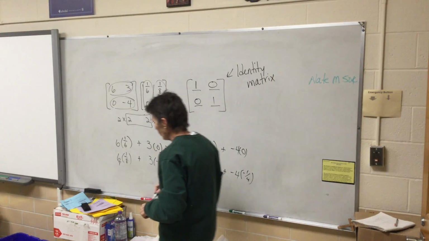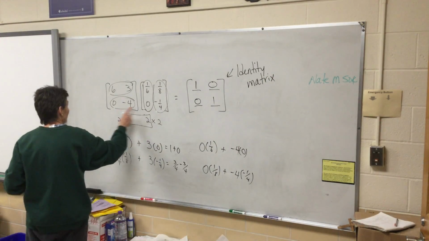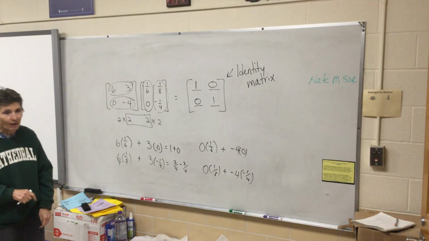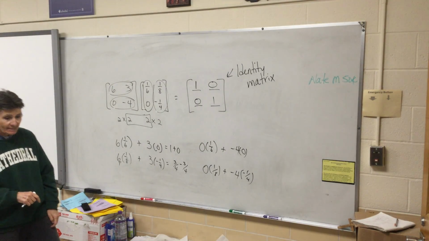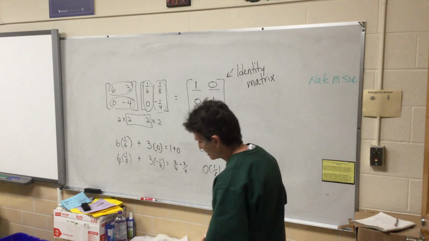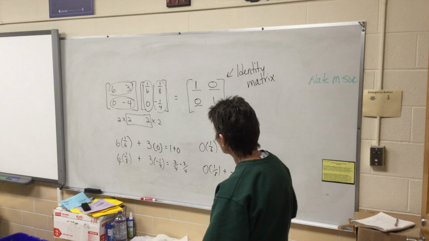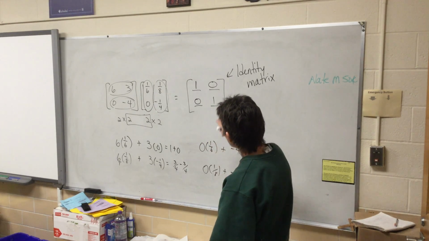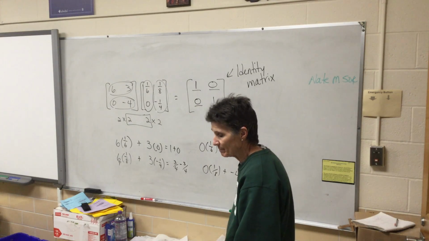And basically what happens when you multiply inverses is they cancel each other out. It's the same thing that happens in regular arithmetic. It's the same thing that happens in the composition of functions. They cancel each other out and they will give you the identity.